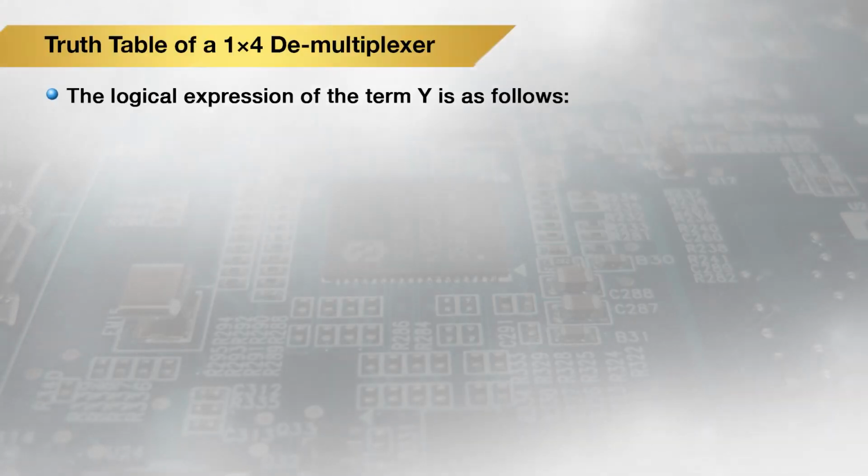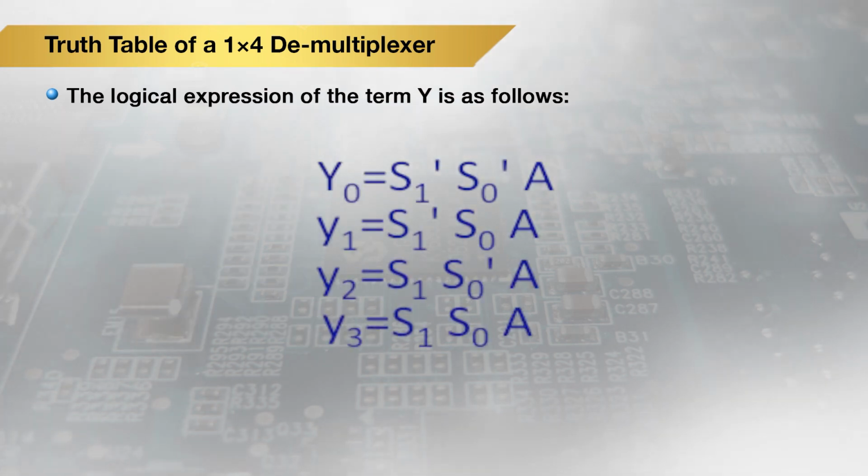The logic expression for Y is given as Y0 is equal to S1 bar S0 bar A, Y1 is equal to S1 bar S0 A, Y2 is equal to S1 S0 bar A, Y3 is equal to S1 S0 A.